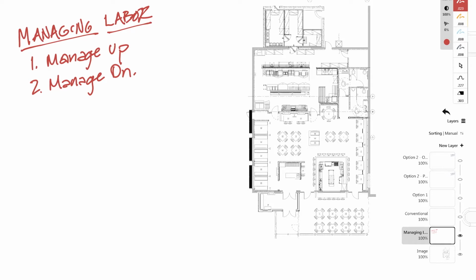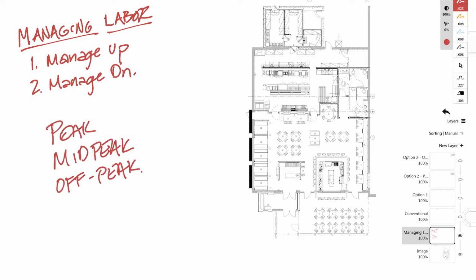You have peak. Typically, we refer to that as peak hour, maybe peak 2 hours. And then you have off peak. And then you have things like mid peak. When you have peak, mid peak, and off peak, you have to manage labor differently.